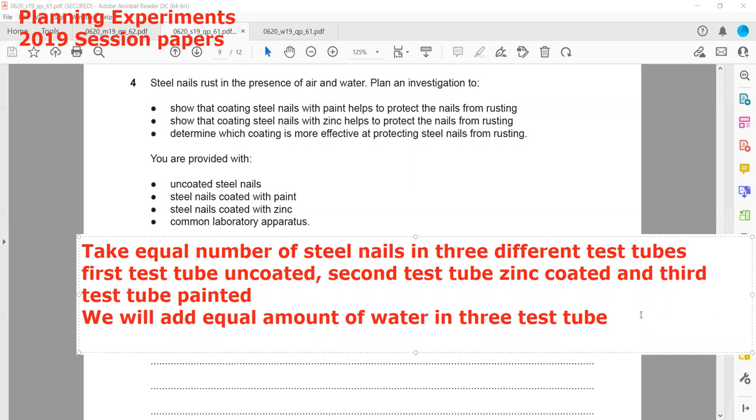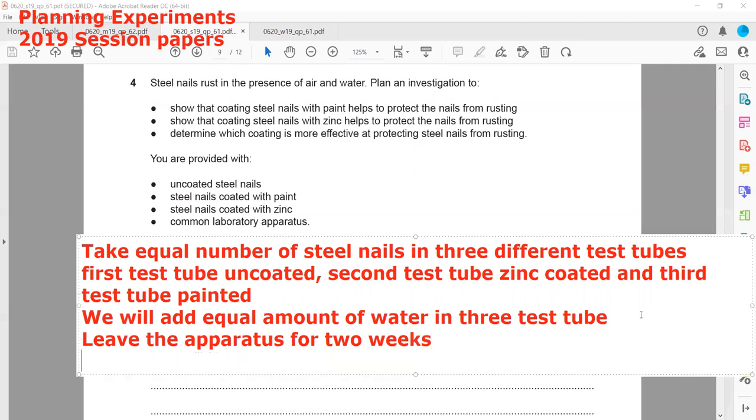After that, we will leave the apparatus for 2 weeks because rusting is a slow process. After leaving it for 2 weeks, we will filter and dry, because we want the rust layer to be removed if any rust is there, so we can also scratch it using sandpaper.